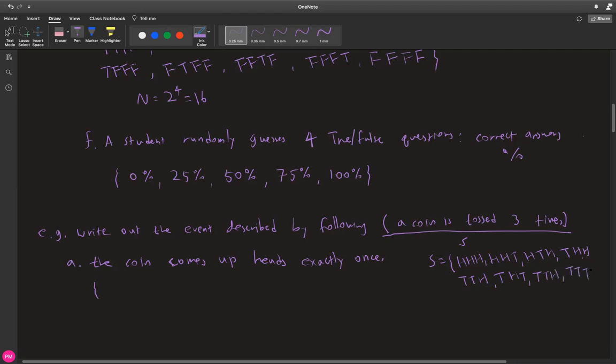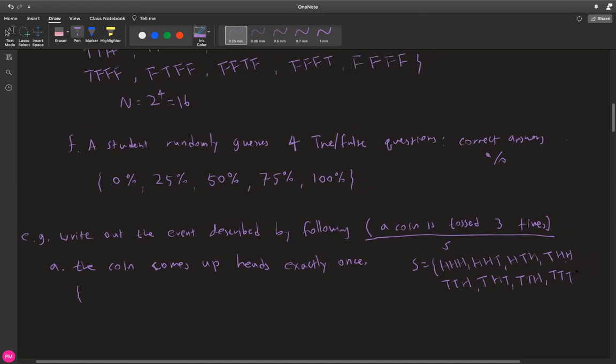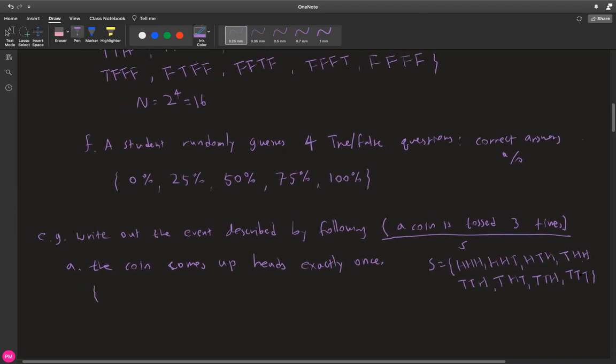It is always easier if you write down the sample space like this.